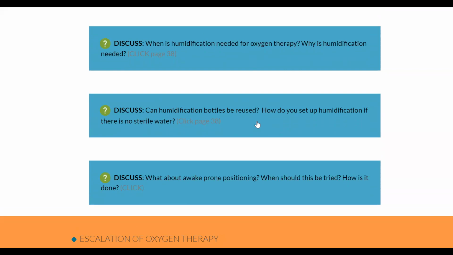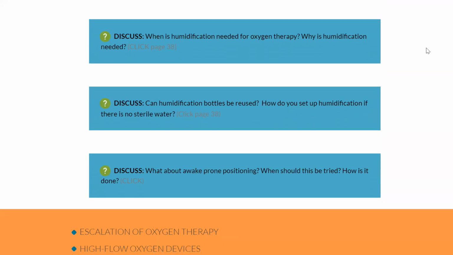When is humidification needed for oxygen therapy and why? I would like people just to try to answer that as quickly as possible. Why do we need humidification of oxygen and when?